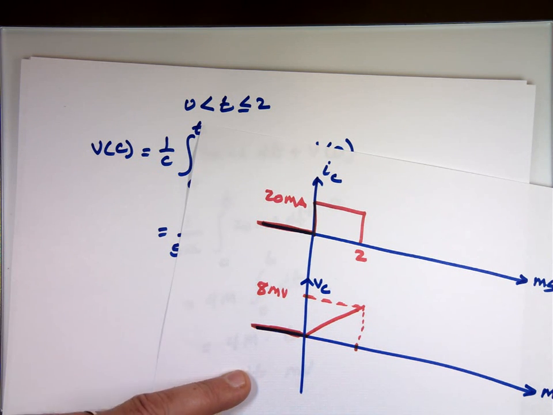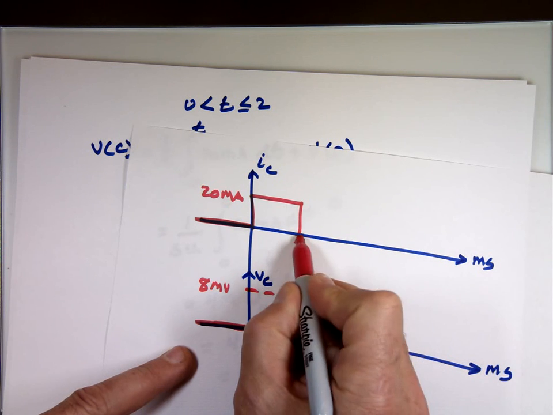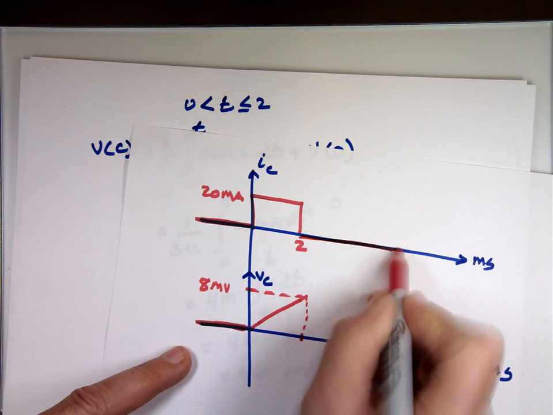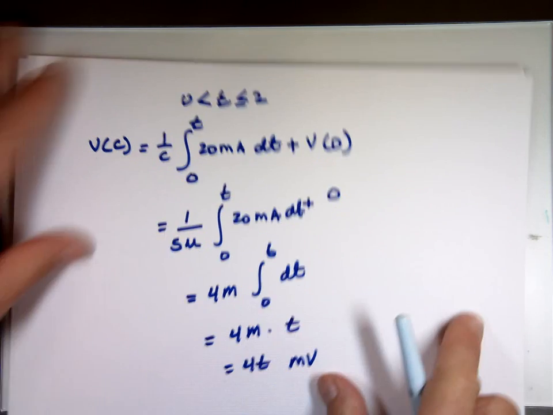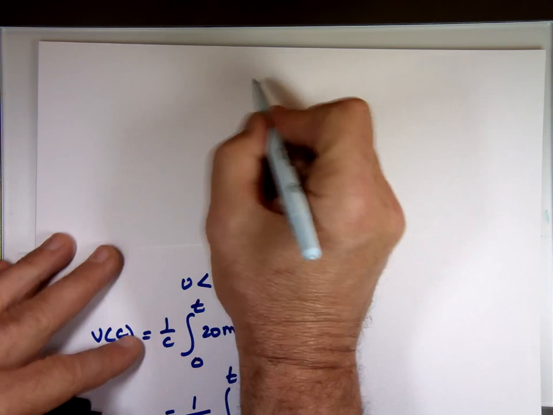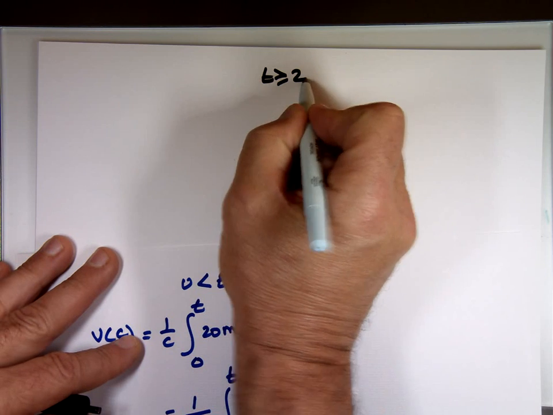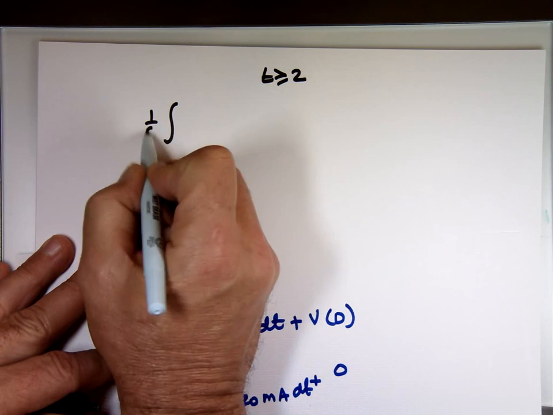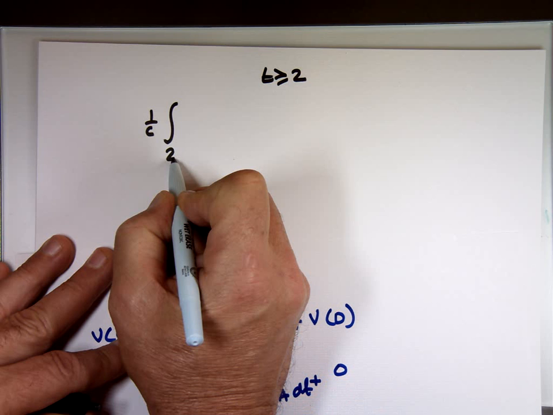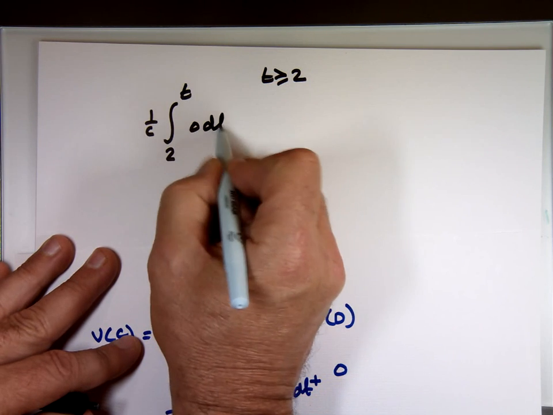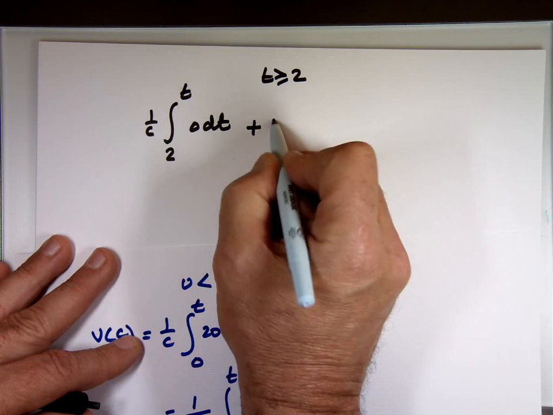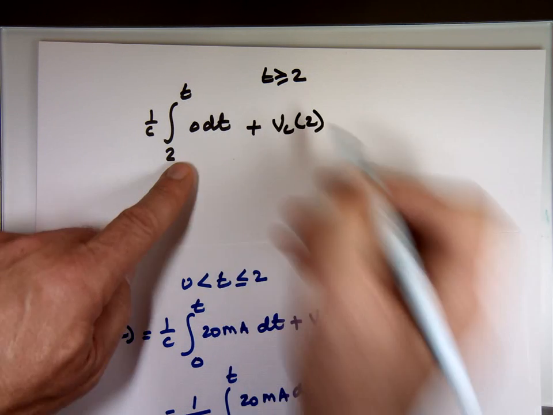Now what's going to happen after that? The current has a value of 0. So let's look at the circuit now for t greater than or equal to 2. It's going to be 1 over C, the integral from 2 to t, 0 dt, plus the voltage across the capacitor at 2, whatever that value is.